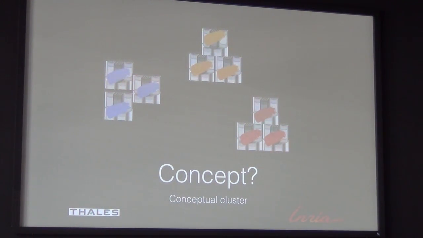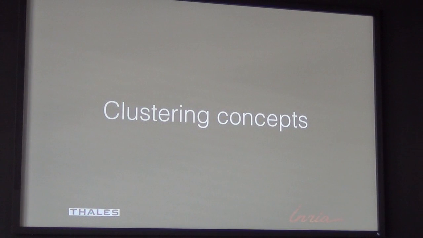Applications are multiple, like identifying which part of the code has to be tested for a specific feature, or tracing the feature in code. You can find an example of these techniques in the feature location field. So that was quick, but now how do we use it to get a conceptual cluster?